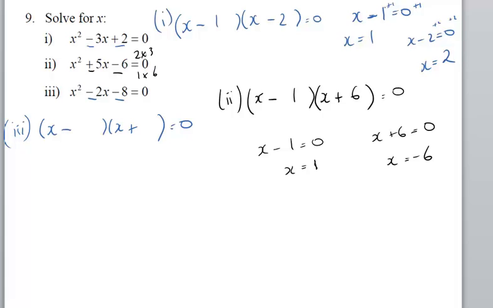And we know, well, here to get to 8, 8 can be 8 times 1, or 8 can be 4 times 2. And we go, well, if we had negative 4 plus 2, we would get negative 2. So we know x minus 4 is equal to 0, x is equal to 4, or x plus 2 is equal to 0, x is equal to negative 2.